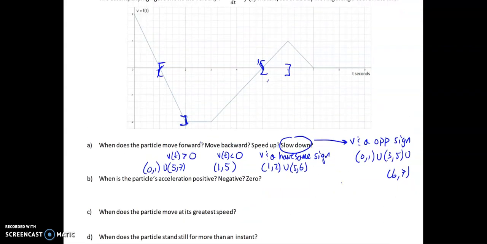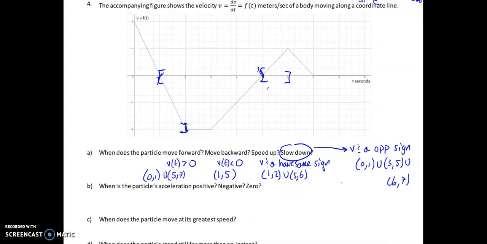When is acceleration positive, negative, and 0? This is simply looking at the slopes of the tangent lines. The slope is positive from 3 to 6, which means my acceleration is positive. My slope is negative between 0 and 2 and 6 to 7.